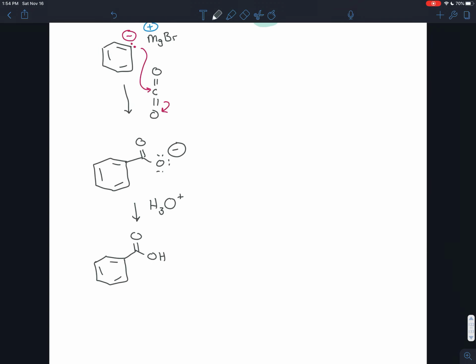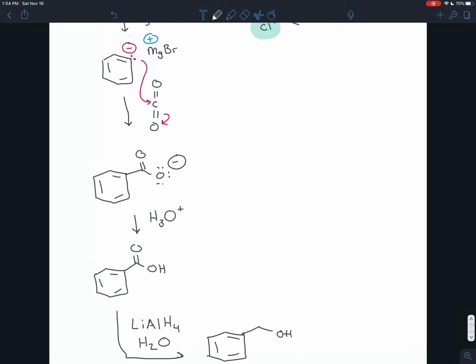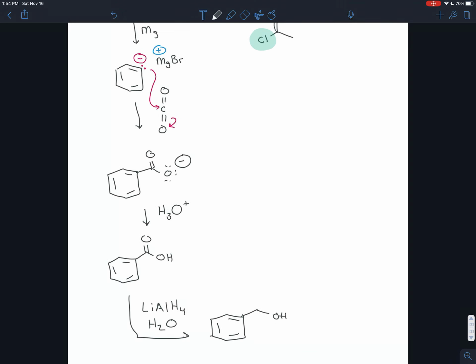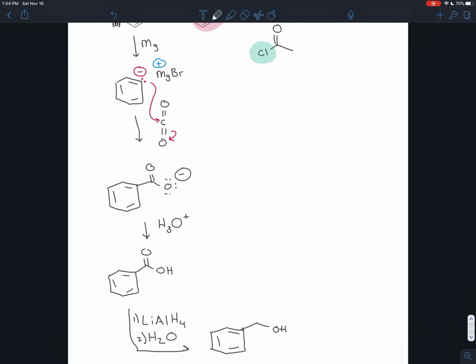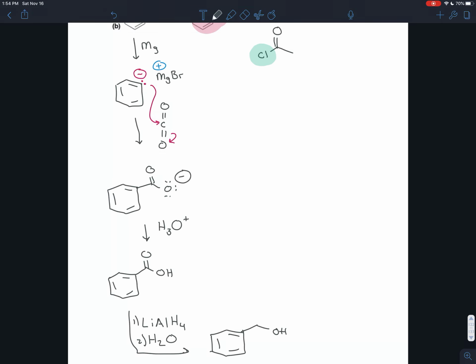Here we have three, so we could do a reducing agent. We could use something like lithium aluminum hydride, followed by water. That would give us that alcohol. So these are separate steps. Now once we have that alcohol, we could just treat it with our acid chloride, and we do the nucleophilic acyl substitution.